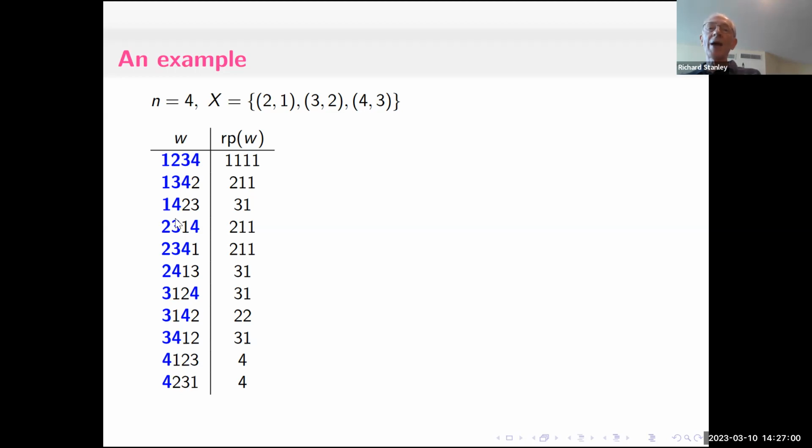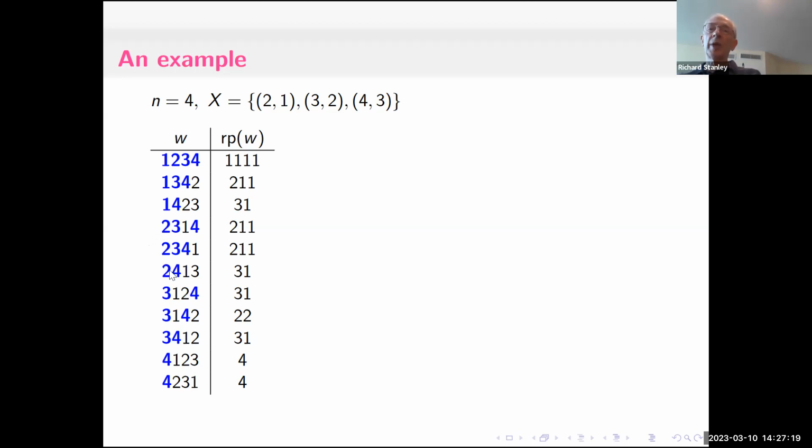In blue are the records, the largest numbers seen reading left to right, and then the record partitions, the differences between those blue indices, in decreasing order.